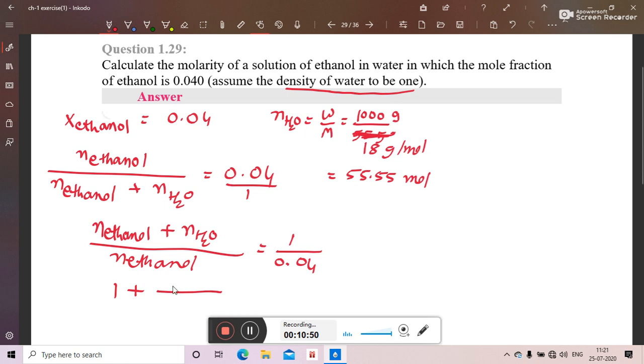So here we will take in the numerator number of moles of water as 55.55 divided by number of moles of ethanol, which we have to find out. So that is equal to, now here 1 upon 0.04 is 100 upon 4. So 100 upon 4 is 25.